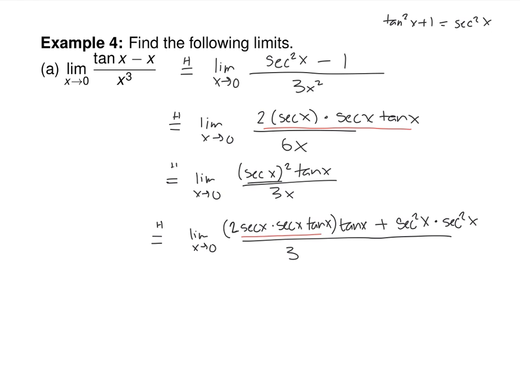And look at that first term. Without even simplifying, when you plug in 0, the secants will be 1, but the tangent is going to be 0, so that first term goes away. The second term is going to be 1, and then over 3. So this limit is 1/3.